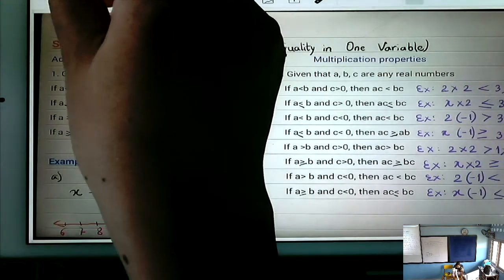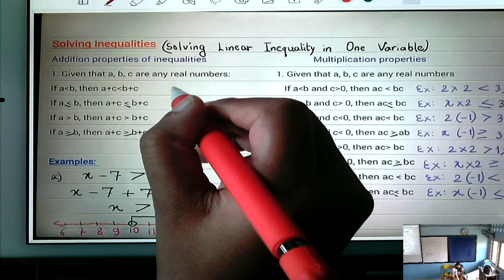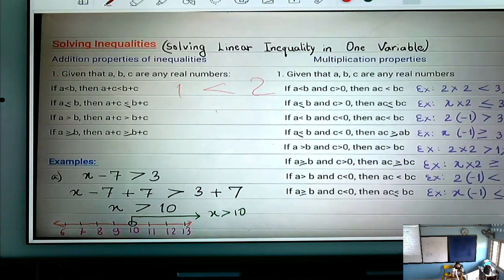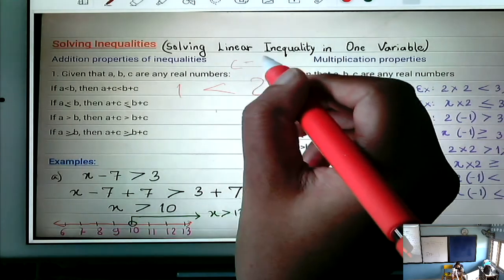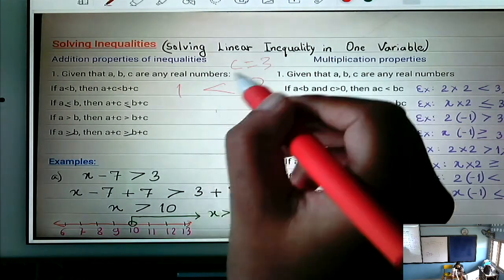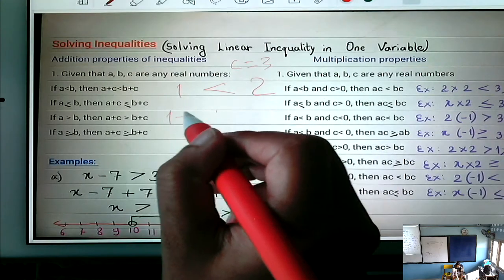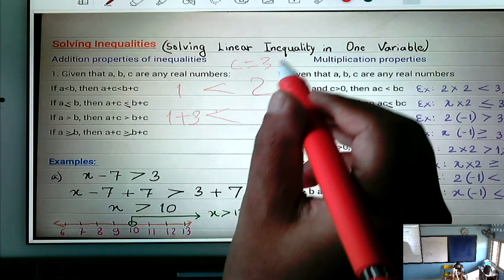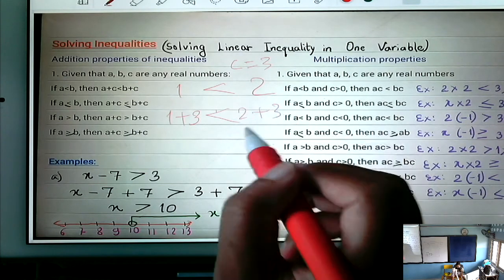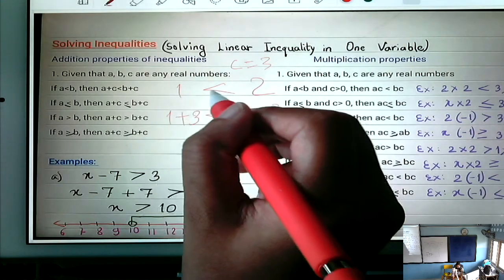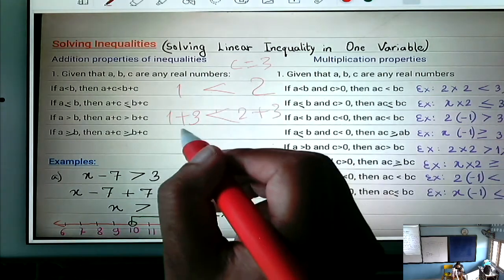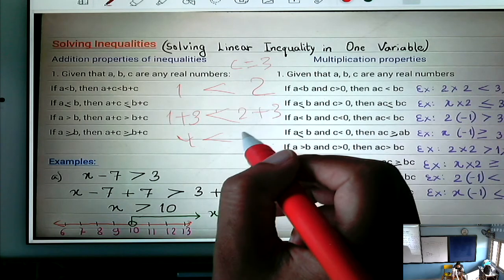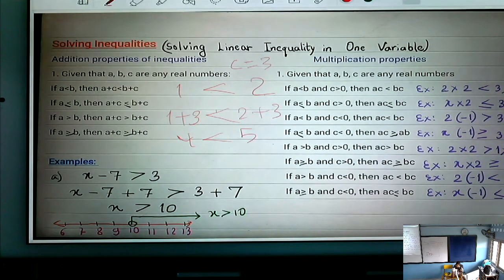Okay, I show you an example. A is 1, B is 2, for example. Let's say C is 3. Now A plus C means 1 plus 3, B plus C means 2 plus 3. So A is less than B, and A plus C is 4, B plus C is 5. Correct?